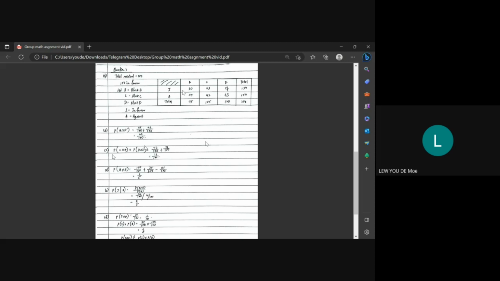Okay. So for C, residents in block C who were against, or the resident was in block D who were in favor. So the information that we can obtain from the statement is the probability of block C intersect with A, which is against, union with the probability of block D, which is in favor.